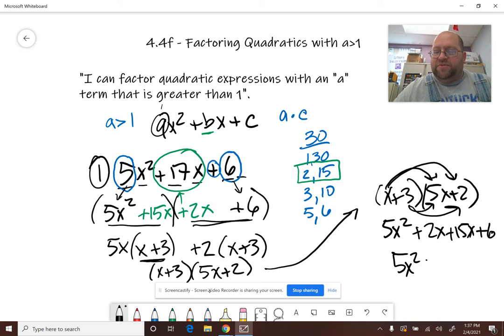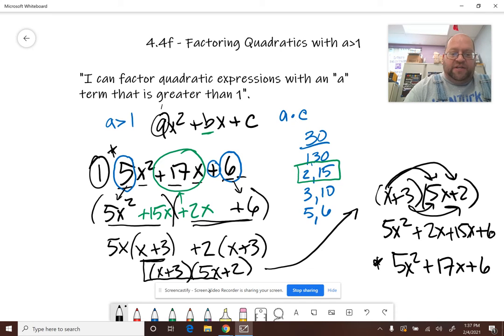So I have 5x squared plus 17x plus 6, which was my original problem that I started with up here at the top. Okay, so again, a little bit more involved, but I want you to see that it's using some of those same things that we've been using all along. So this right here would be our answer.